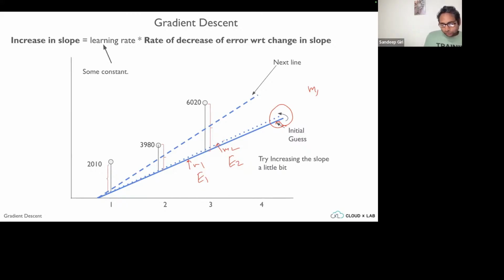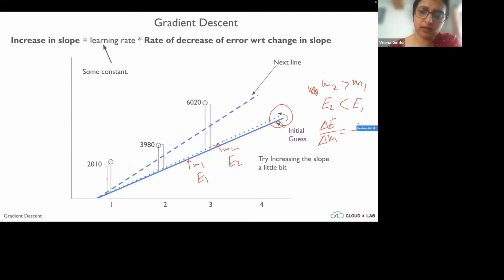In this case, M2 is greater than M1, do you agree? Do you think E2 is greater than E1? No, it will be negative. So delta E by delta M is negative.